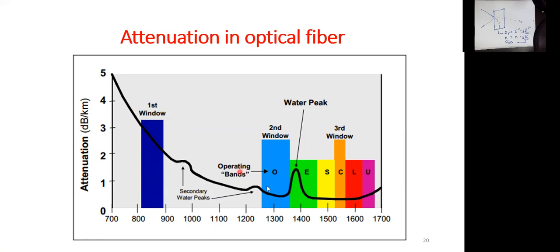For example, maybe this region is also a flat region, but for some reason we are not able to have a laser working in this region, so it will not be a working region. So you have to match what you can fabricate in terms of the laser industry and what can guarantee a minimum attenuation in terms of the optical fiber industry.